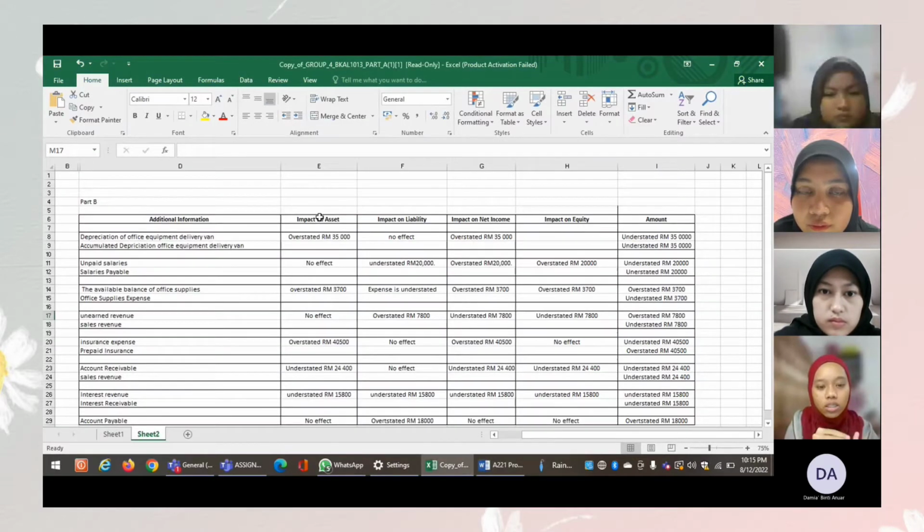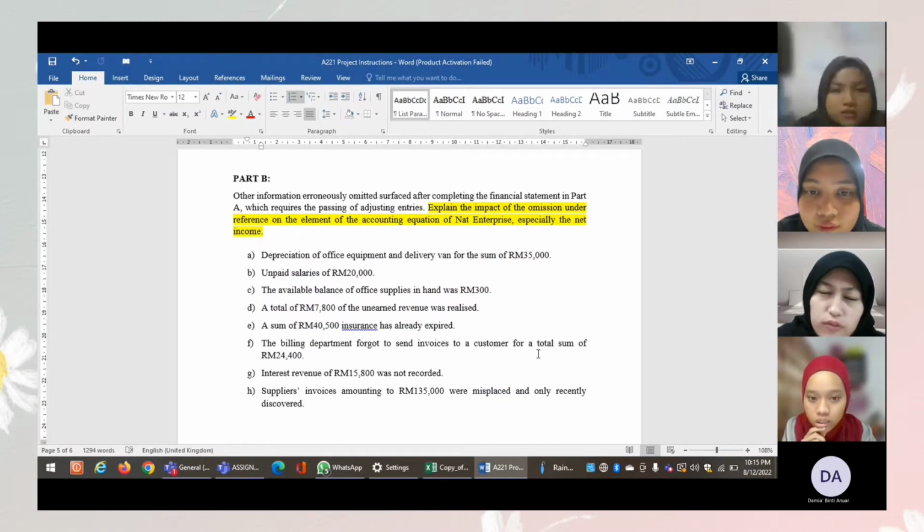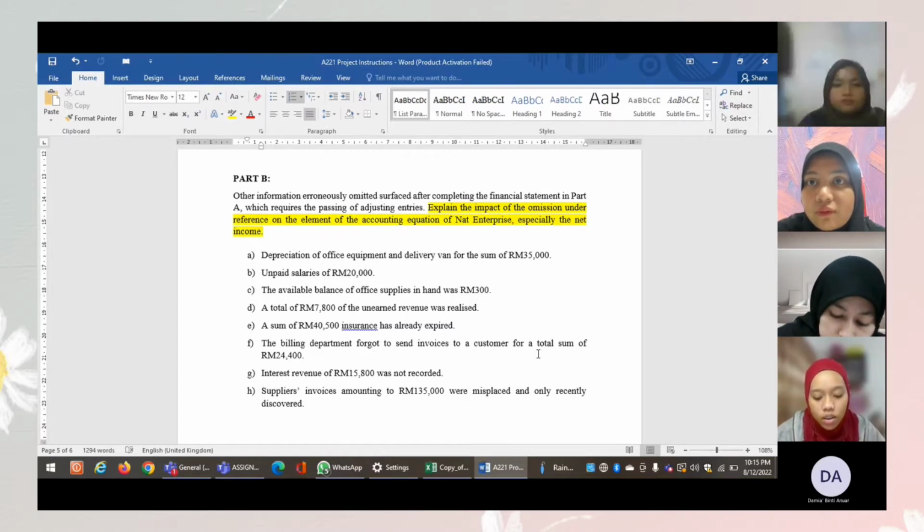So basically this session will involve three things, which is overstated, understated, and no effect. First of all, can I know what is overstated? Overstated is if an account or a figure on an account is overstated, the amount that is reported on the financial statement will be more than it should be.